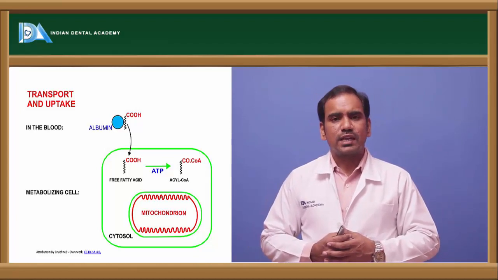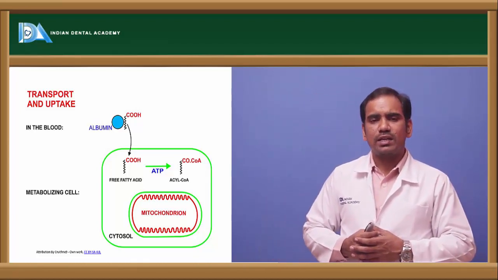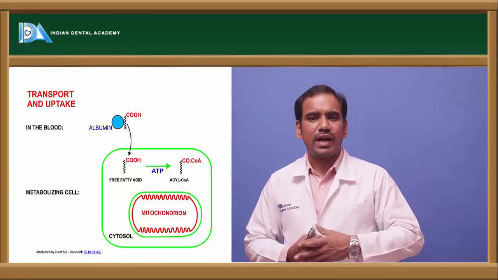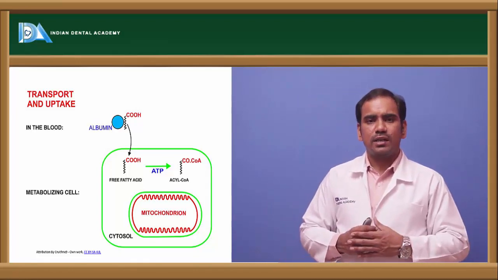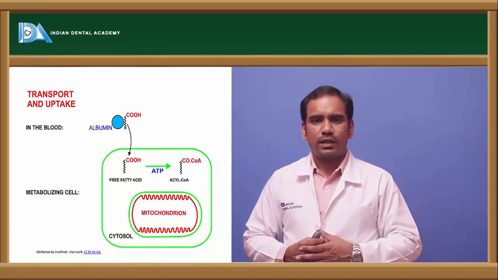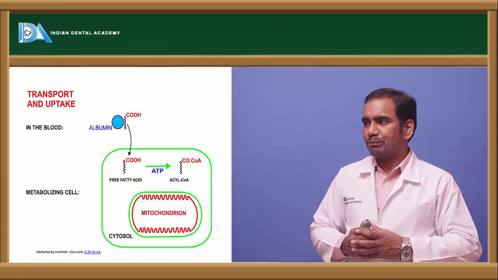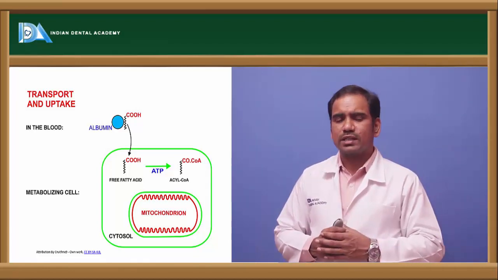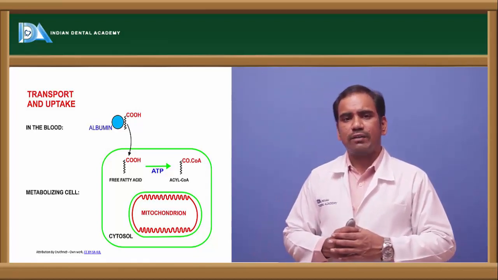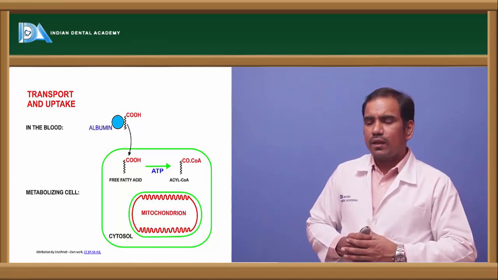This acyl-CoA synthetase, also called thiokinase, is involved in the activation of fatty acids. This step occurs in the cytosol of the cell. The only step in beta oxidation that occurs in the cytosol is the activation of fatty acids.